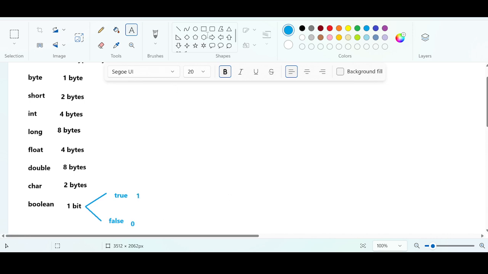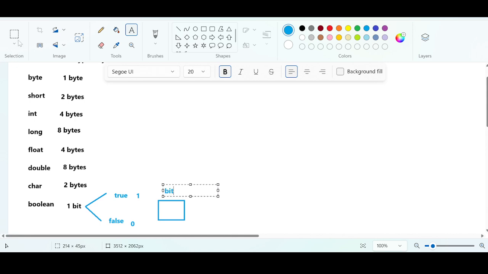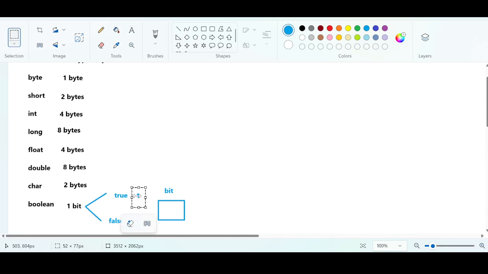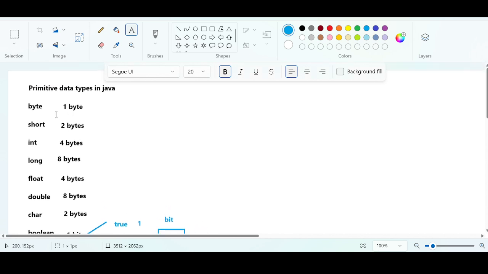So when you have a memory size of 1 bit, at any point of time, you can store either 1 or 0. 1 bit means 2 to the power of 1. So these are the sizes of primitive data types.